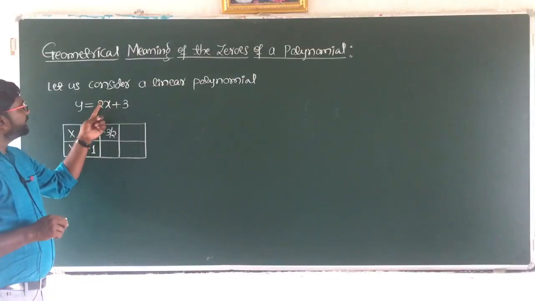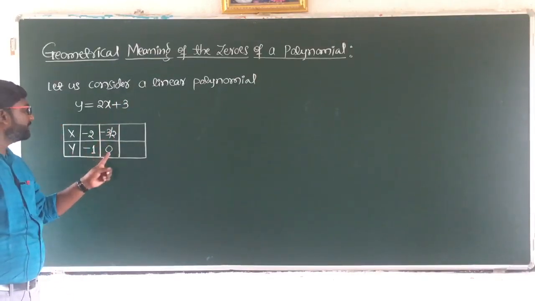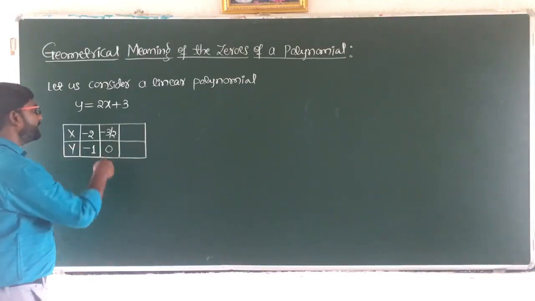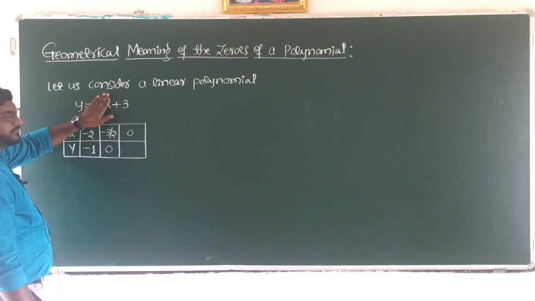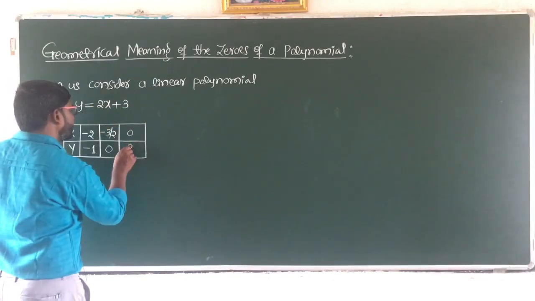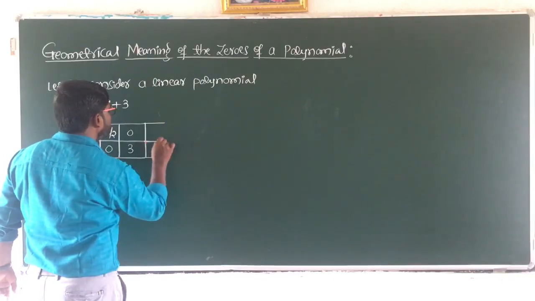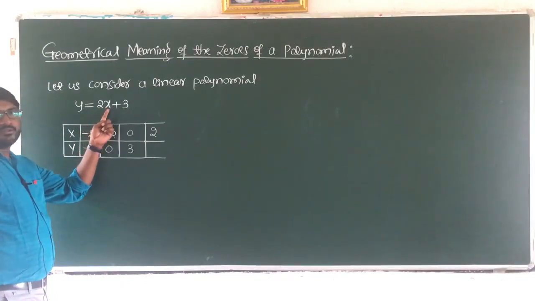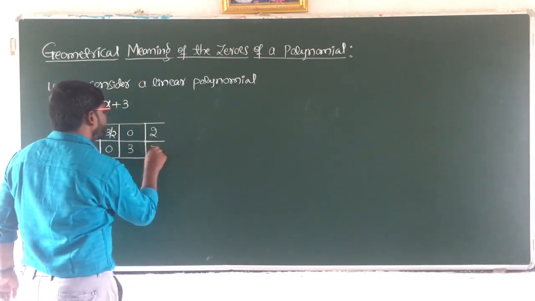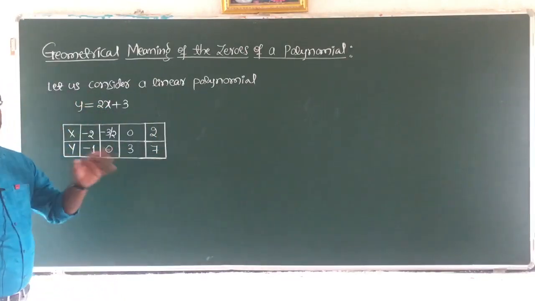The 2 cancels, minus 3 plus 3 is 0, so for x equal to minus 3 by 2, y becomes 0. Now x equal to 0: this term is eliminated, so y equals 3. Now take x as 2: 2 into 2 is 4, plus 3, it is 7. These values are enough for plotting the graph.